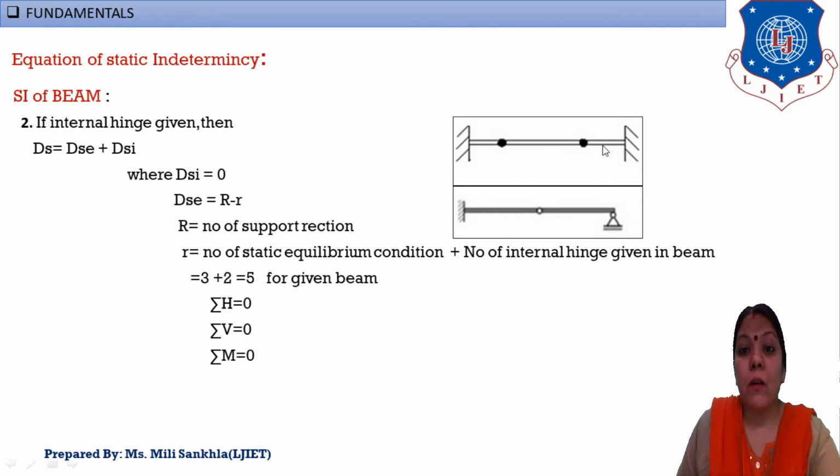But here, when internal hinge is given in beam, in that condition we have to change small r. The number of internal hinges given in beam we add in small r.